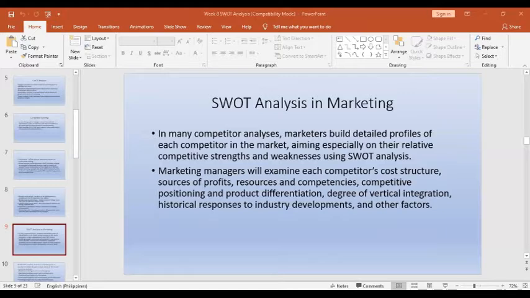That's why marketing managers use this to examine the cost structure, the sources of profits, and other resources, and even the competencies of their competitors, using SWOT analysis to identify the competency of the competitor and even the business as well.